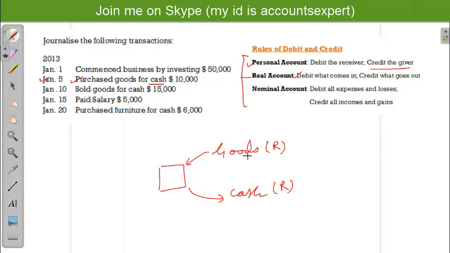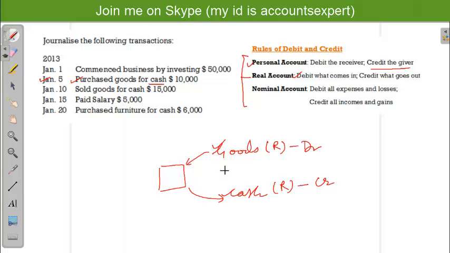So due to this transaction, goods are coming in the business, so debit what comes in, and cash goes out from the business, so cash account will be credited. Credit what goes out. So the final conclusion is that in this transaction goods account will be debited and cash account will be credited.